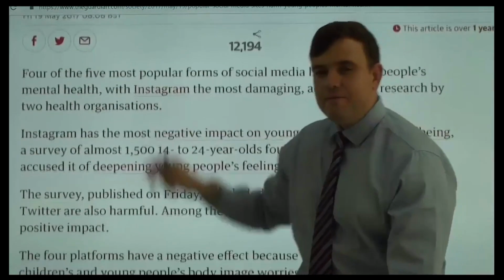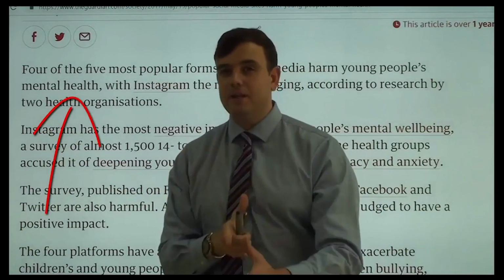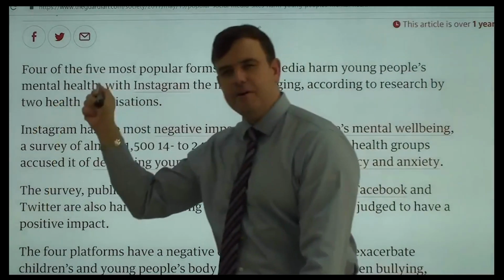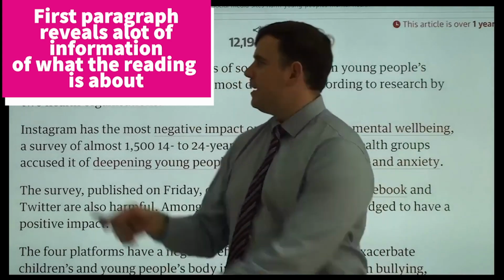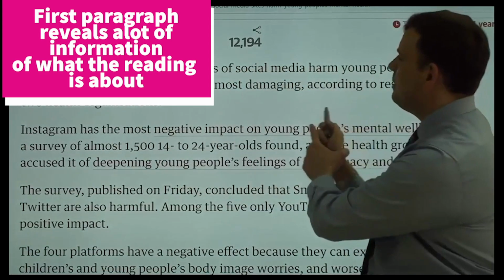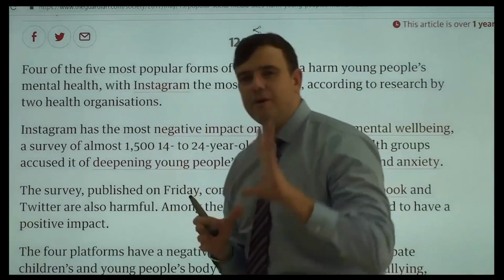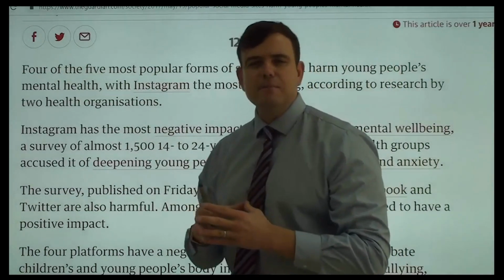Now, when you skim for information, always be sure to read the first paragraph of the text or article. So always read the first paragraph, very important. First paragraph will always reveal a lot of information, right? And as we can see here, it mentions that four of the five social media platforms are seen as causing mental health issues.